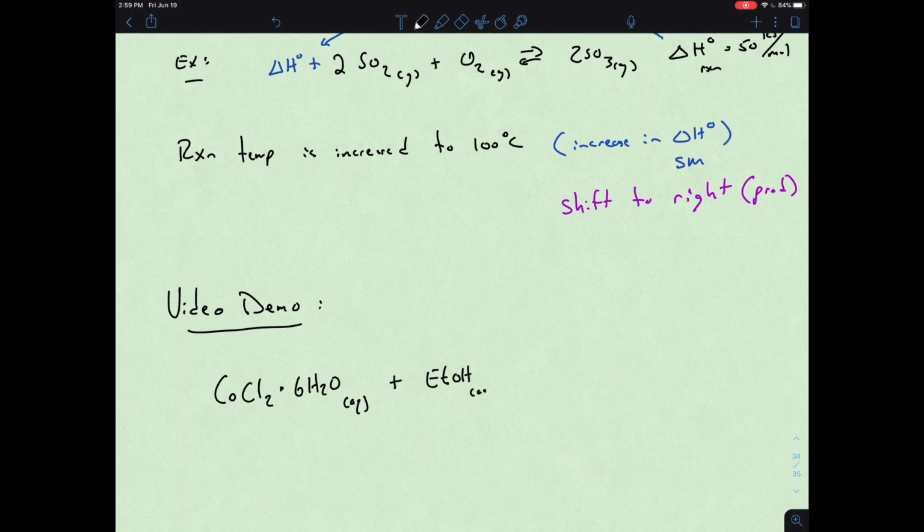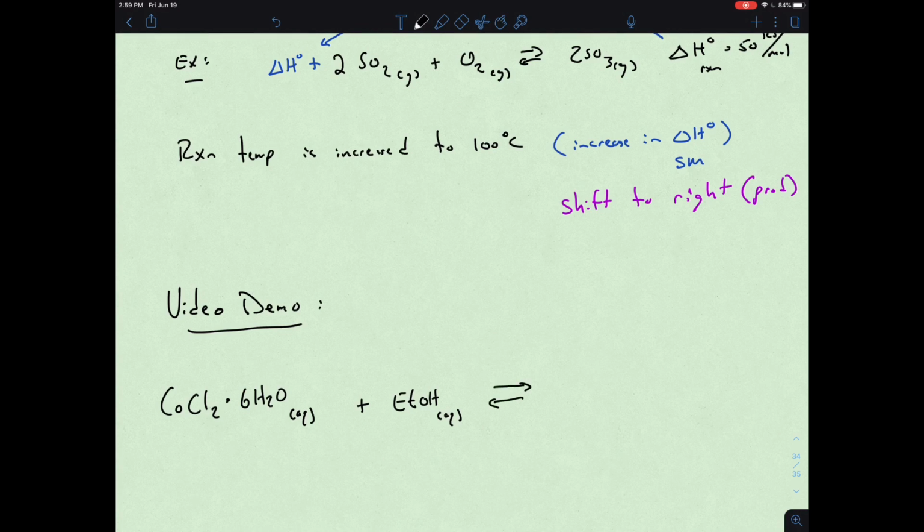And when we react that with ethanol, ethanol being CH3CH2OH, we get an exchange of this ligand of ethanol for the actual H2O.